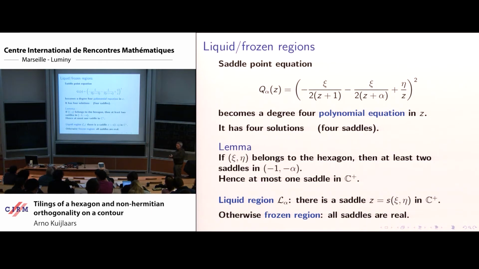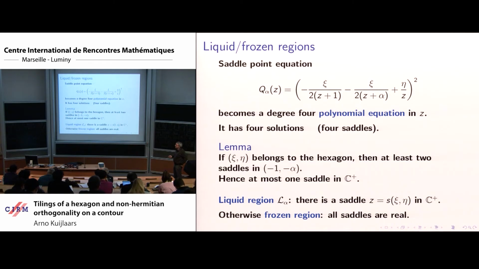And hence there can be at most 2 non-real saddles, and because of symmetry in the real axis, there can be at most 1 saddle in the upper half plane and at most 1 saddle in the lower half plane. And so that determines the liquid and the frozen regions. The liquid region is the region, in psi eta coordinates, for which you have this saddle in the upper half plane, and otherwise it's frozen.